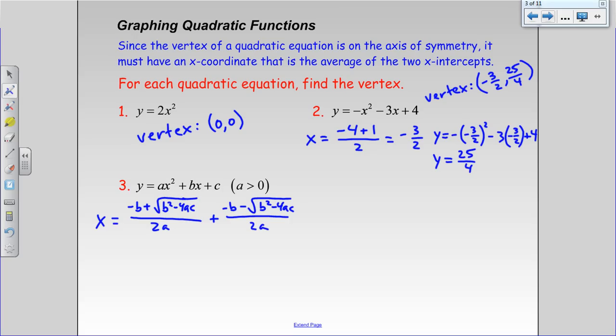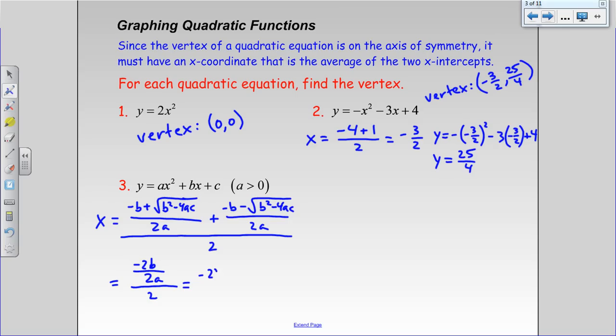To average those two x-coordinates, we would add them together and then divide the result by 2. This looks a little bit messy, but notice that the radical terms in the numerator will cancel out. So the numerator of our complex rational expression simply becomes negative 2b over 2a, and that is being divided by 2.